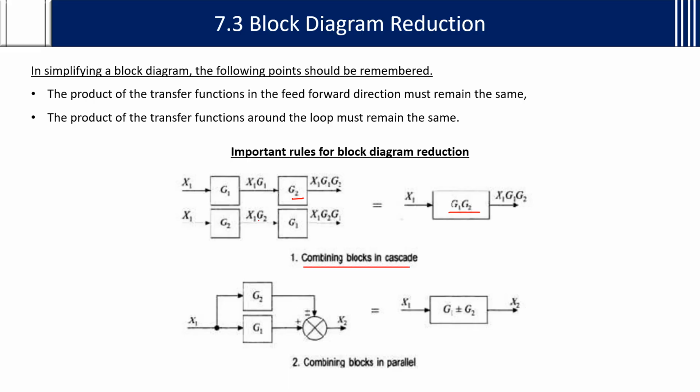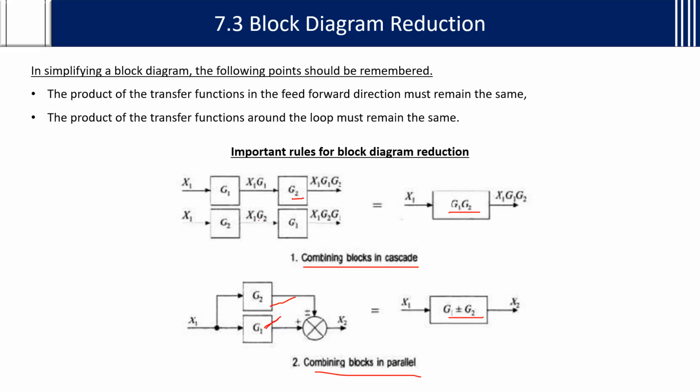Next is combining blocks in parallel. If you see here, this is the forward direction. Keep that in mind, it is not feedback. Feedback will be from output to input. Here it is parallel, because from input to output only it is going. So G1 and G2 need to be added or subtracted based on the sign present.